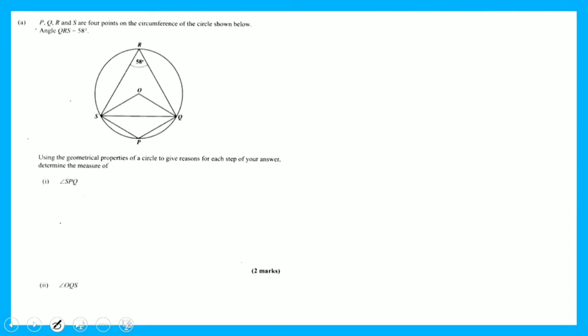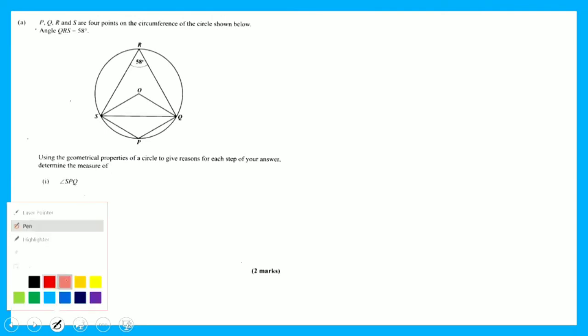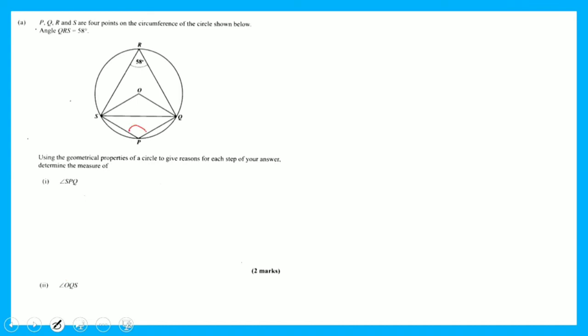And so we move to our next question, very short. It says P, Q, R, and S are 4 points on the circumference of a circle shown below. So already you're thinking, a cyclic quadrilateral, and you know how to find P because of the opposite angles.